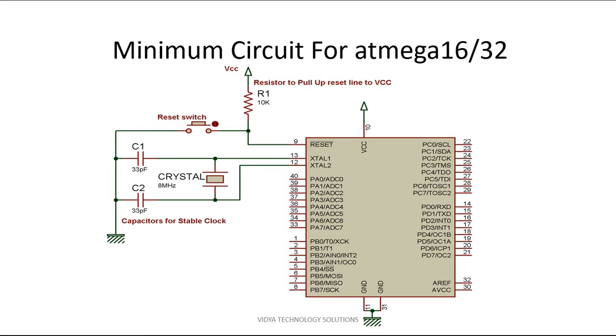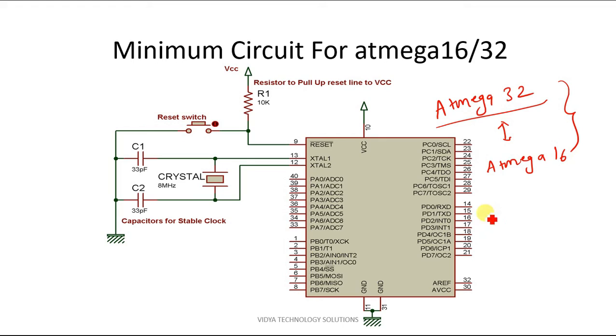Now for our particular understanding and throughout this course, we are going to use Atmega32 as our device. Although Atmega32 can be easily pin-to-pin replaced by Atmega16. Both of these devices are actually 40-pin ICs and most of the features of these two devices are same except a minor difference of RAM.